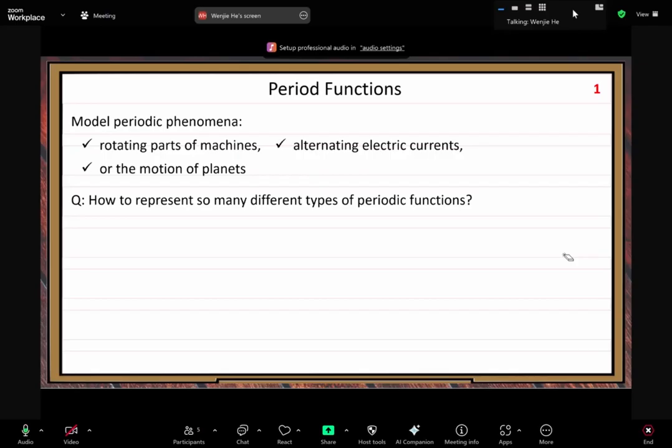Because here we treat the periodic property as an important structure in our functions. When we represent these functions, last time I mentioned the approximation idea.